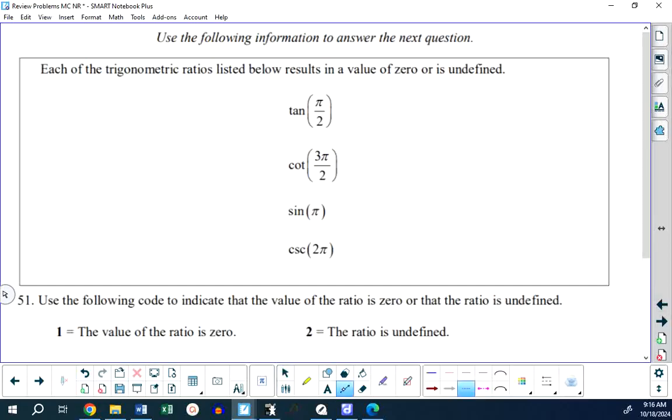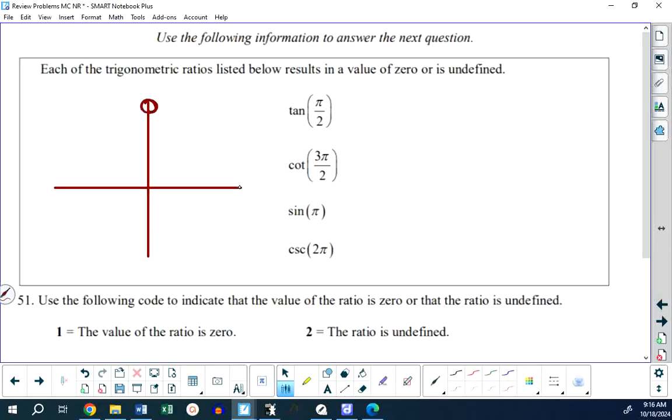When we take a look now at this point for the tangent, we know that tangent is y over x. Oh, wait, but at that point on the unit circle, x is 0. So tan of pi over 2 will not be defined because you can't divide by 0.